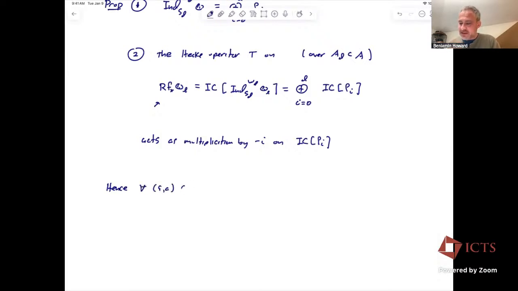So fix an F_q-point a on the D part of the Hitchin base.